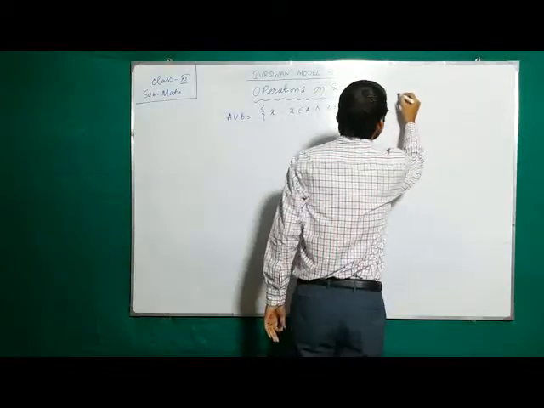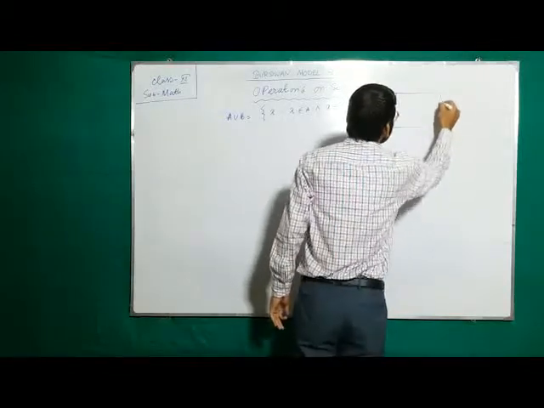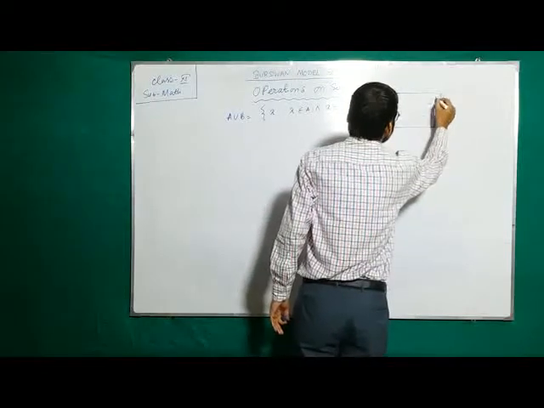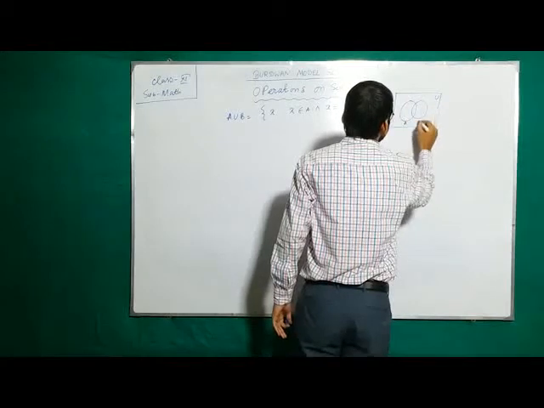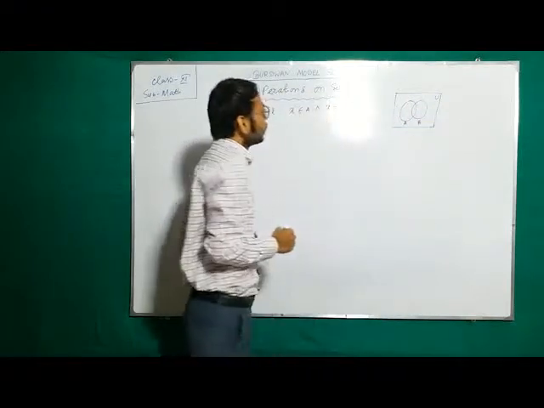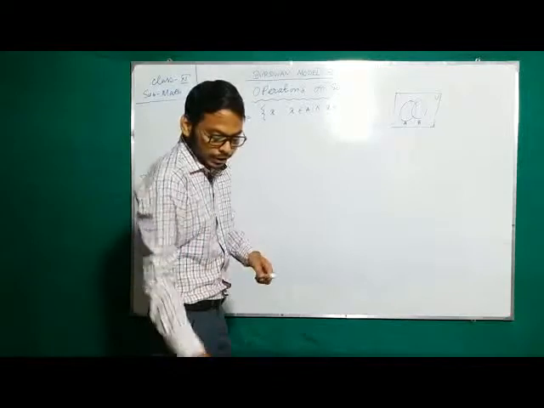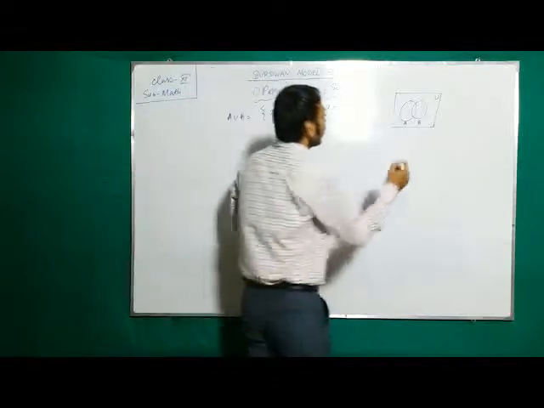In the Venn diagram you can see that A union B contains all the elements.